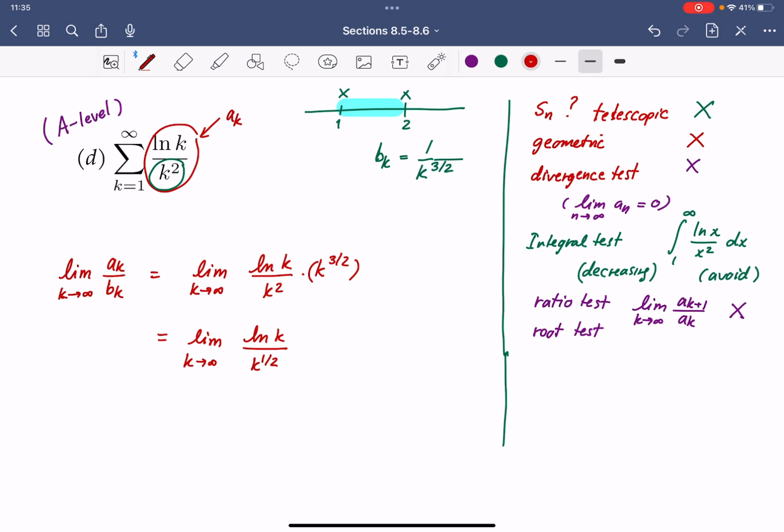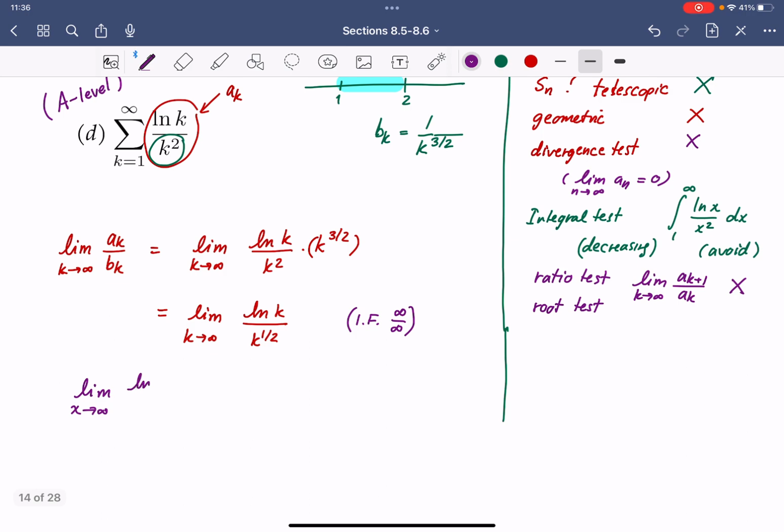Because k to the 3/2 is going to cancel with k squared over there. Now for the L'Hopital rule, just take the limit as x goes to infinity. Because this is now an indeterminate form, infinity over infinity, if you extend the domain, you can do the L'Hopital rule. It's going to be log x over x to the 1/2, and then you differentiate log x, you get 1 over x.